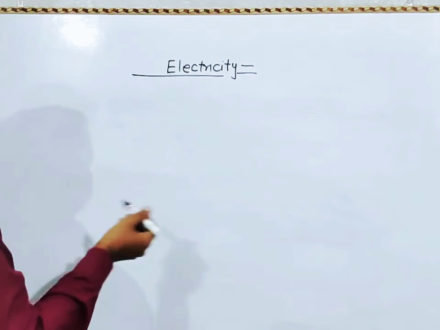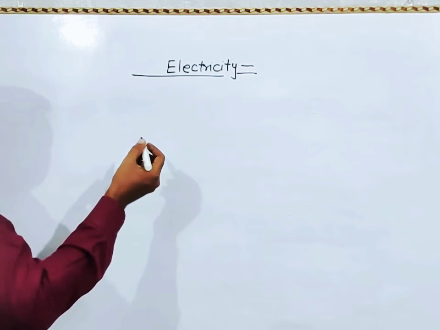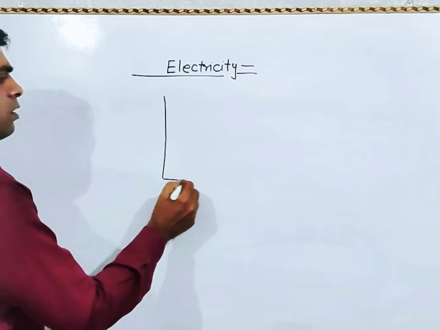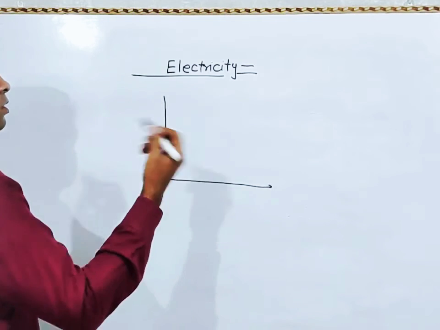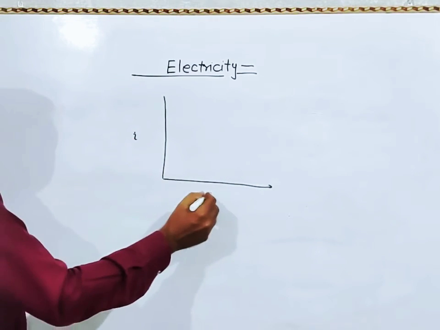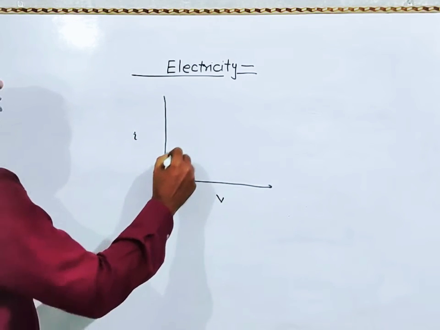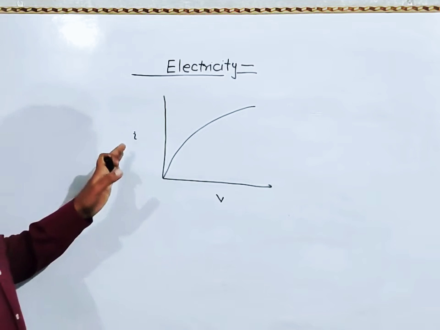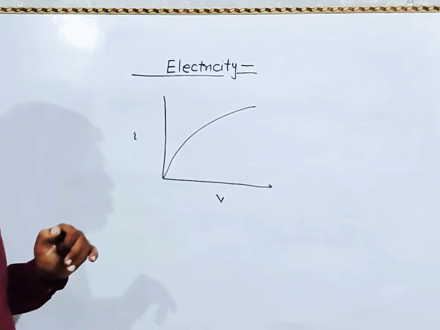So in the case of the electric bulb, when we supply some current to it, the nature of the graph changes. It curves, it changes into a curve form. So this graph shows the opposite nature of Ohm's law.